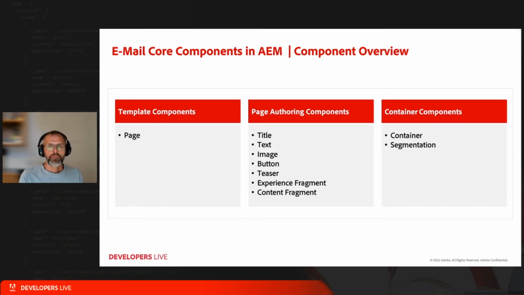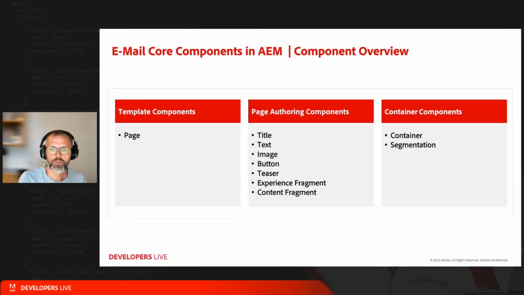So what do the email core components contain? It contains basically a set of 10 components, which are divided into 3 different main areas. The first area is the template component, which is only a basic page component.